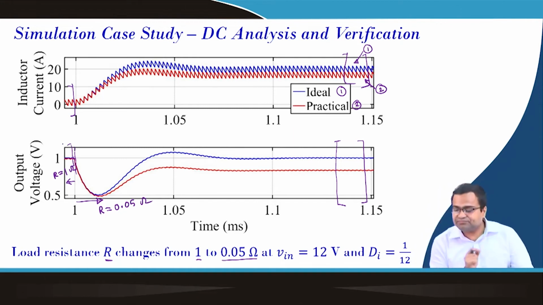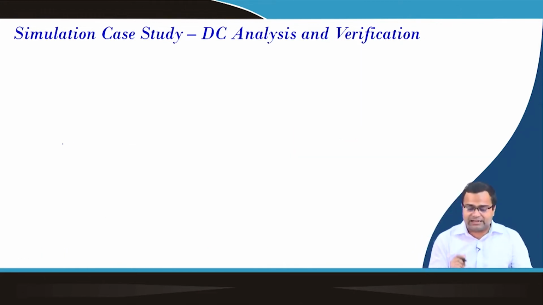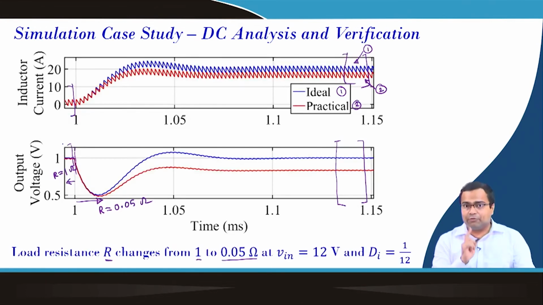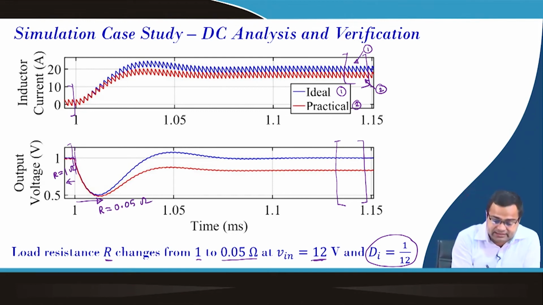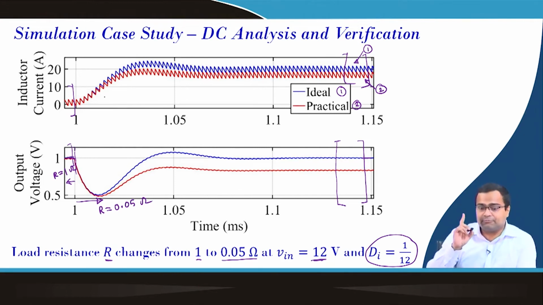What we will find? Firstly, our objective is to achieve 1 volt output for 12 volt input, and that is why I said the ideal duty should be 1 by 12. But you will find for ideal condition the output is actually coming to 1 in the average sense, for 0.05 ohm load resistance.